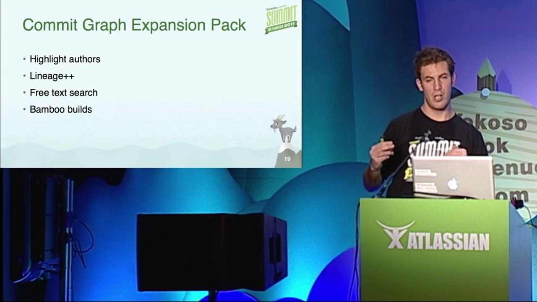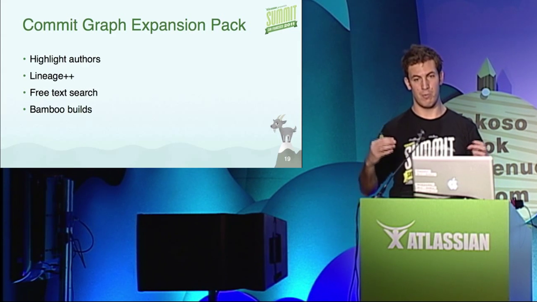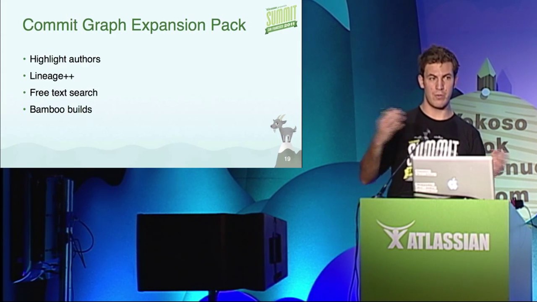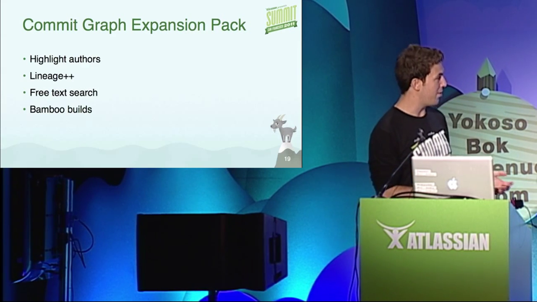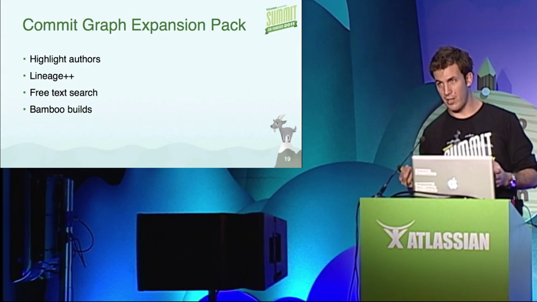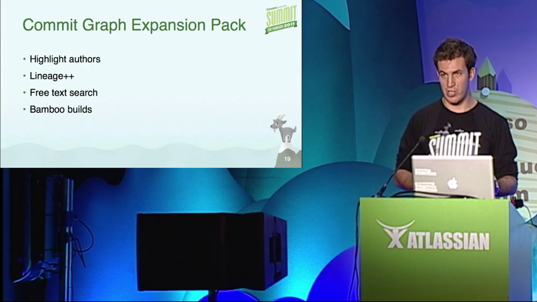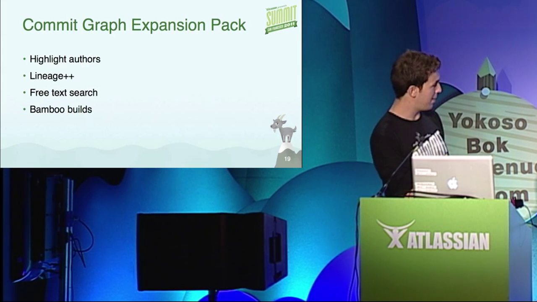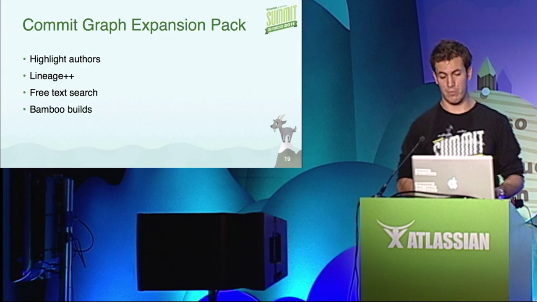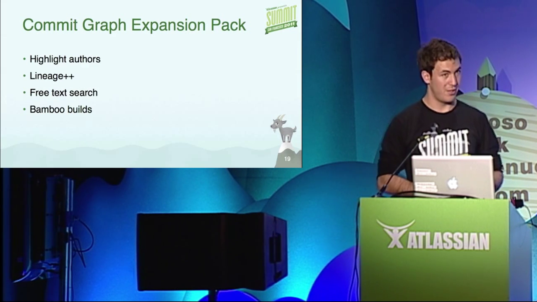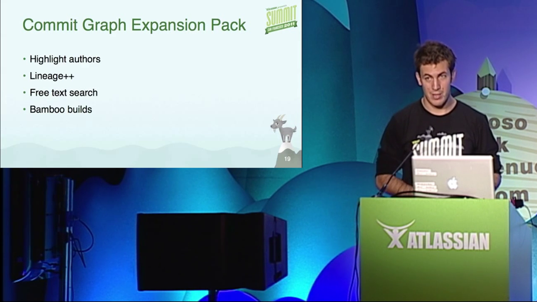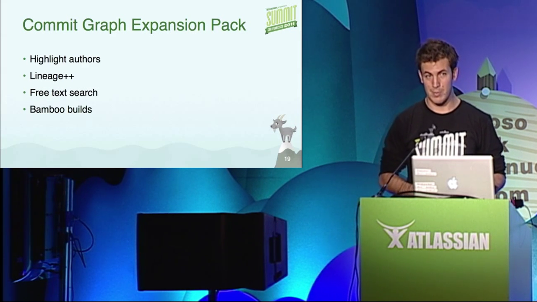If I merge one commit to another commit, what are the differences? Tell me everything that I'm going to get. So that's the sort of power that you can get from the commit graph, to be able to visually see what's going to change. We're also planning on integrating Bamboo, and we've got a free text search highlighter as well. But I just wanted to wrap up there and see if anybody had any questions or had any specifics.